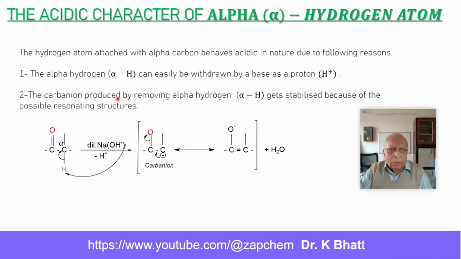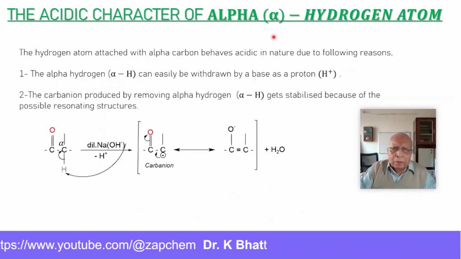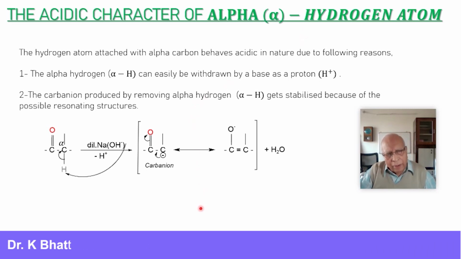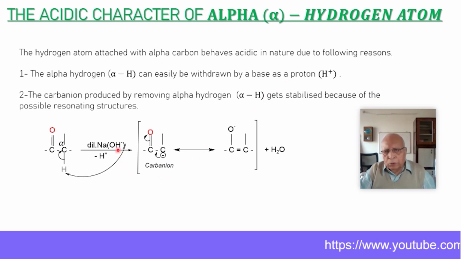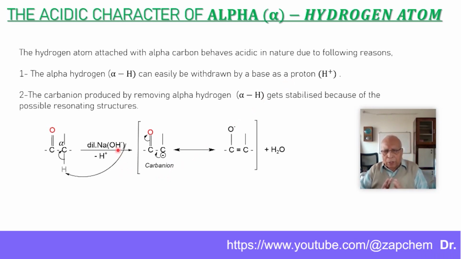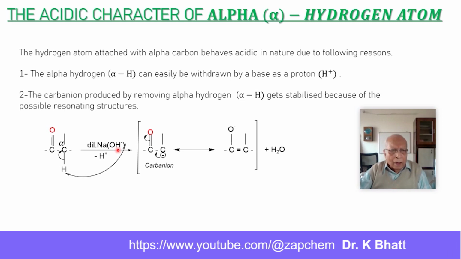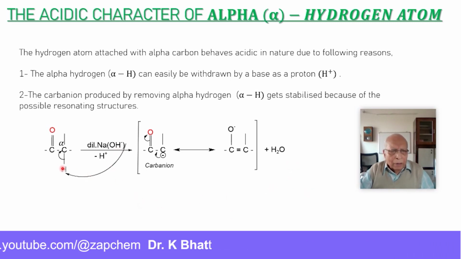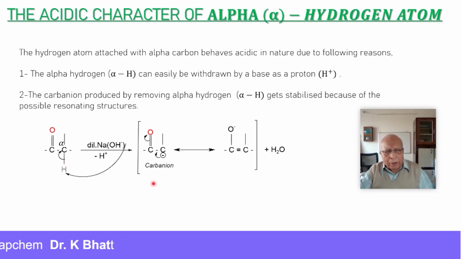Thereafter, it is very important that the alpha hydrogen atom has an acidic character. The alpha hydrogen can easily be withdrawn by a base, such as dilute sodium hydroxide. It can be taken up by a base, and therefore a loss of a water molecule occurs, and you get a carbanion, which I have already explained earlier.